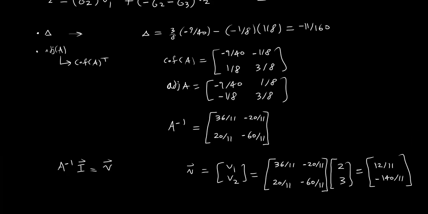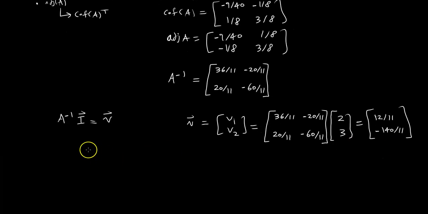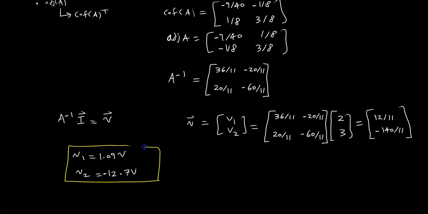So this is our final answer, and what that means is that V1 is equal to 12 over 11, which is about 1.09 volts, and V2 is equal to about negative 12.7 volts. So now we're going to verify this with MATLAB and see if we actually did the equation correctly.